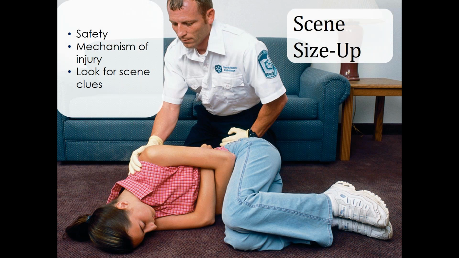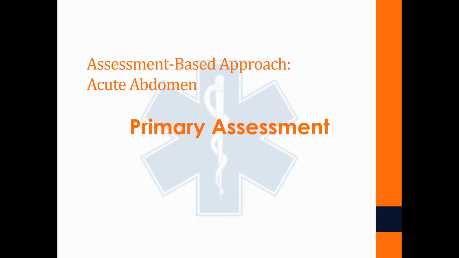So start thinking, hey, is there anything that could have injured this patient that caused this? Or at least try and rule out any traumatic cause, because those are going to be different sorts of information. Look around the scene, talk to your patient. We're starting to form our general impression now as we're moving towards our primary assessment.